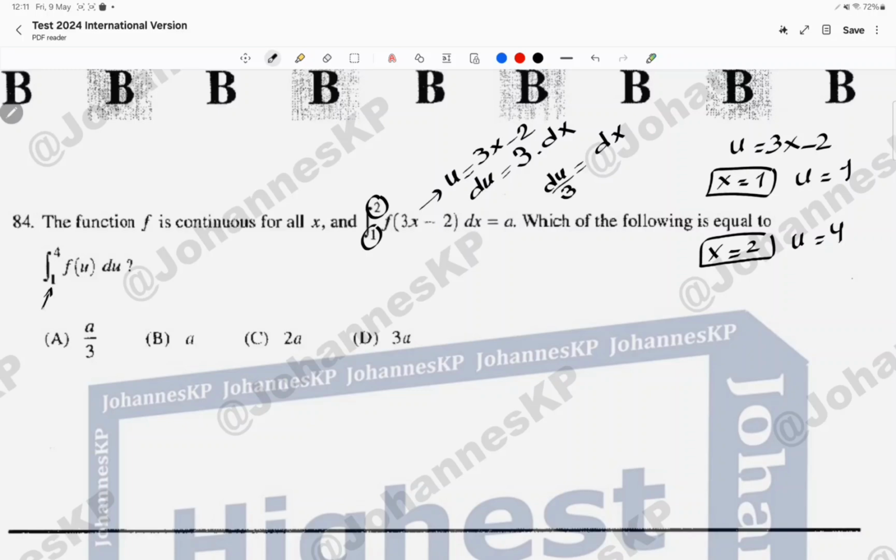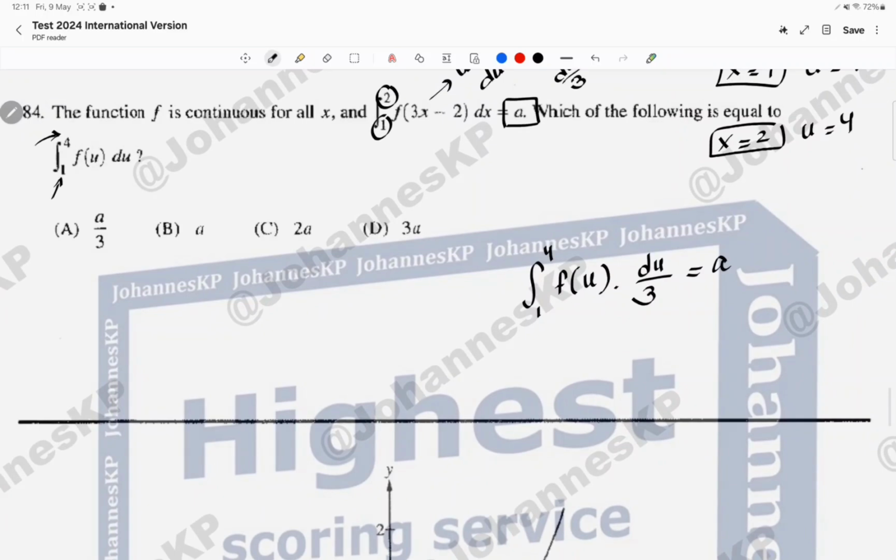That's why it's 1 to 4. So we're going to say the integration from 1 to 4 of f of u, and instead of dx, you put du over 3, is equal to a. Now, just multiply everything by 3. This goes away, and this becomes 3a. Good.